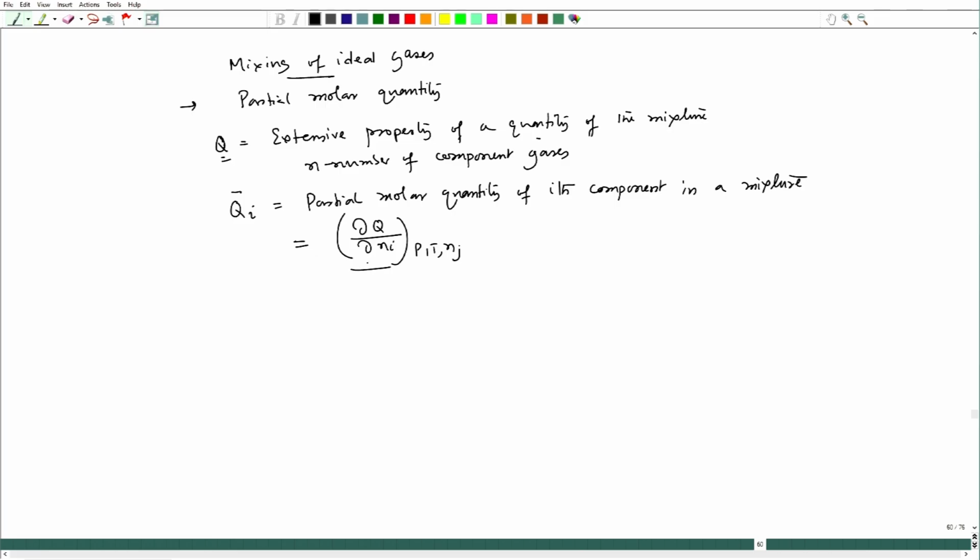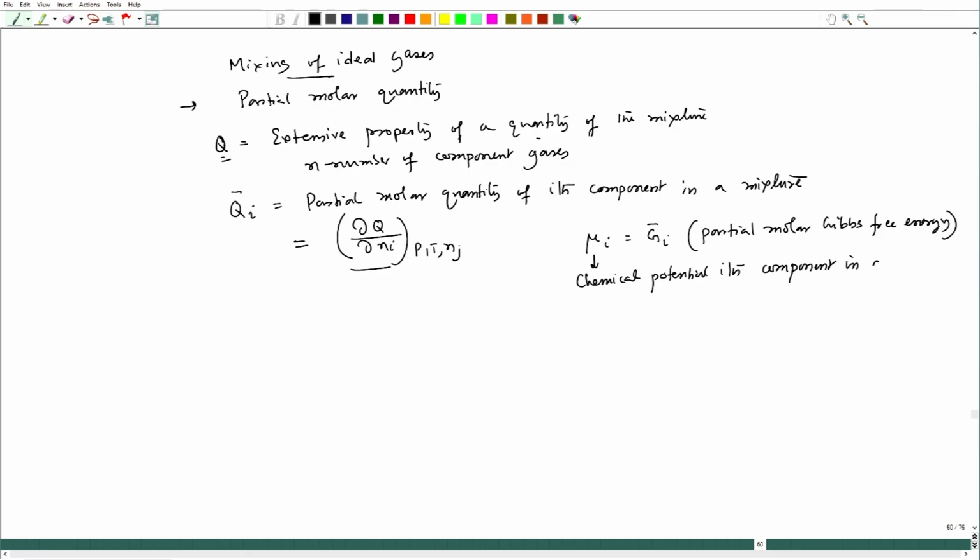And this we have already understood with reference to G. If we recall, the chemical potential of the ith component, which is nothing but G I bar, the partial molar quantity, the partial molar free energy, gives free energy, and this is also called the chemical potential of the ith component in a mixture.